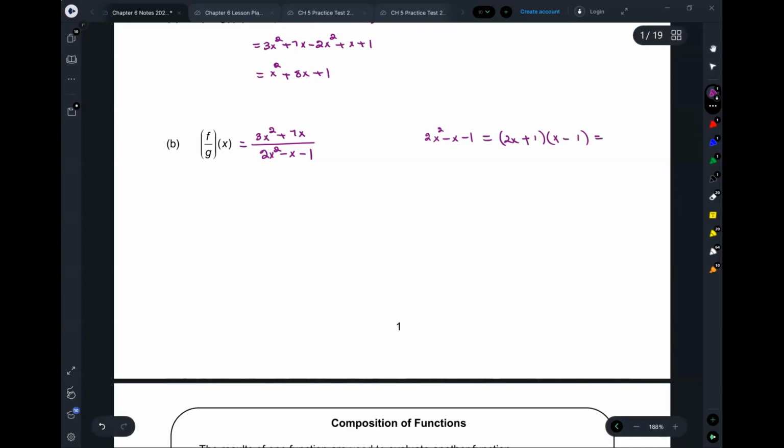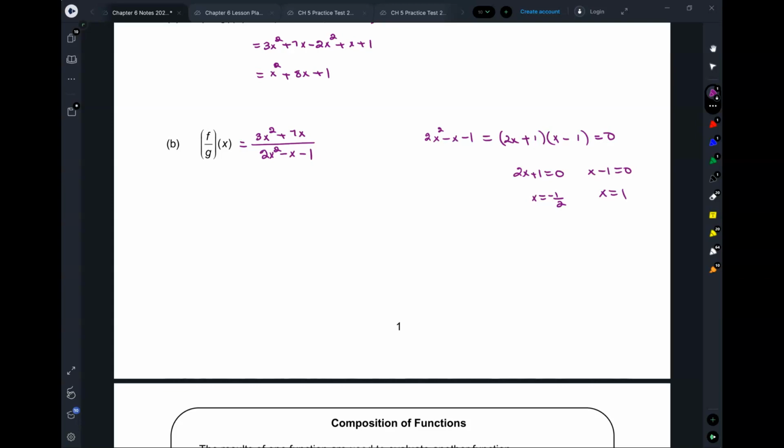So here, you set that equal to 0. So 2x plus 1 equals 0, x minus 1 equals 0. x is negative a half, x is 1. Okay, we solved these. But what do these values mean in the context of this problem? These are the points where it's undefined.